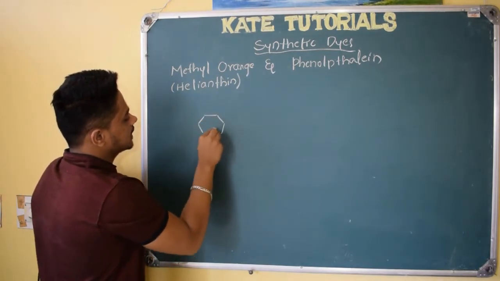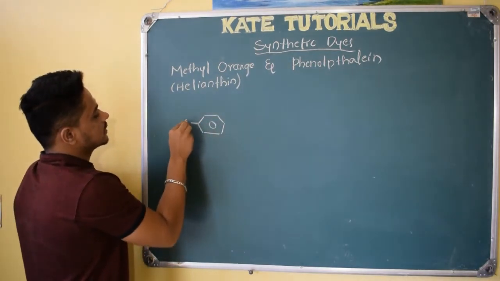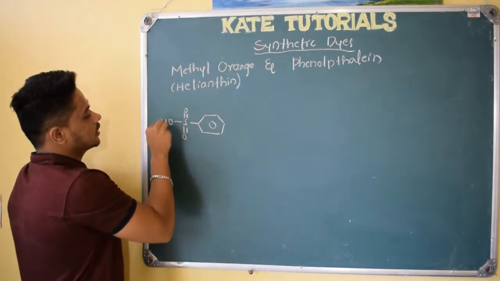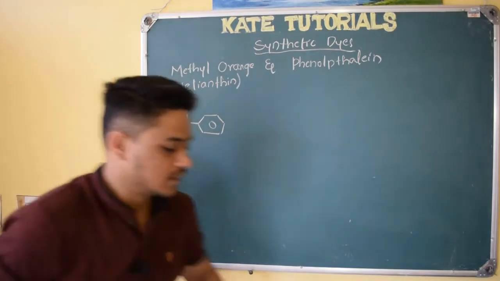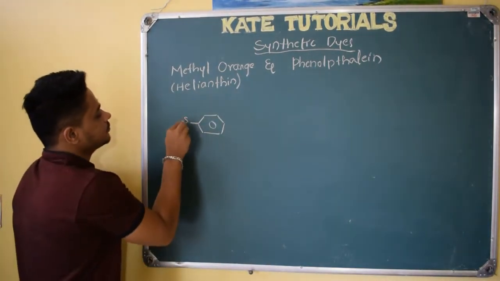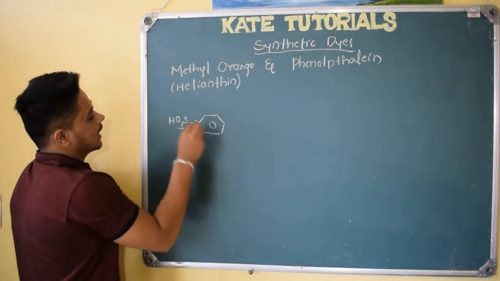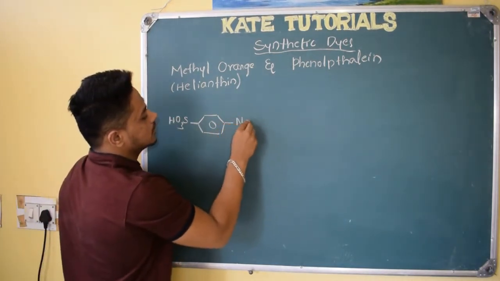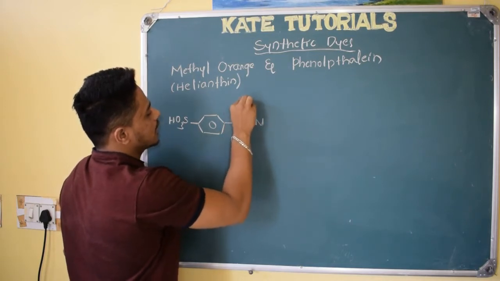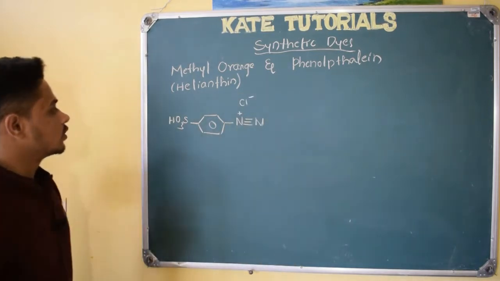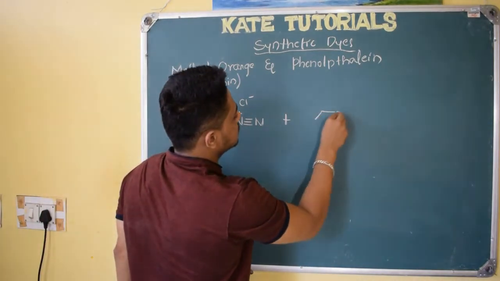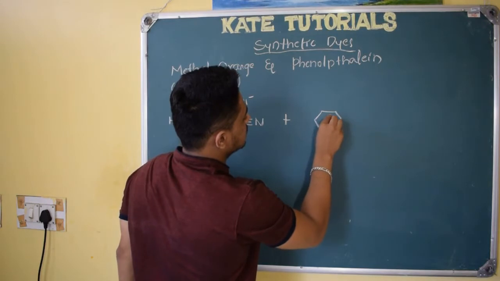So this is our benzene ring. So here SO3H. I hope you know the structure. S double bond O, OH, right? So this is the structure SO3H. Instead of writing all like this, I'll just write SO3H simply. And here it will have the azo group, N triple bond N, nitrogen having positive charge, and chloride will be there. When it reacts with this one, what is this?